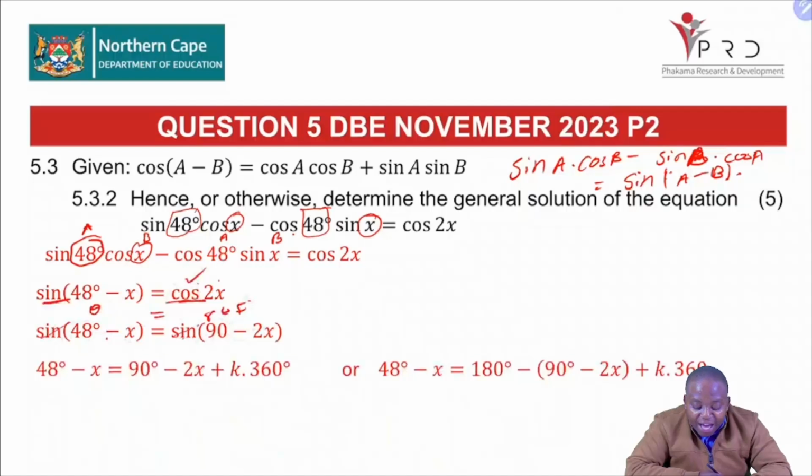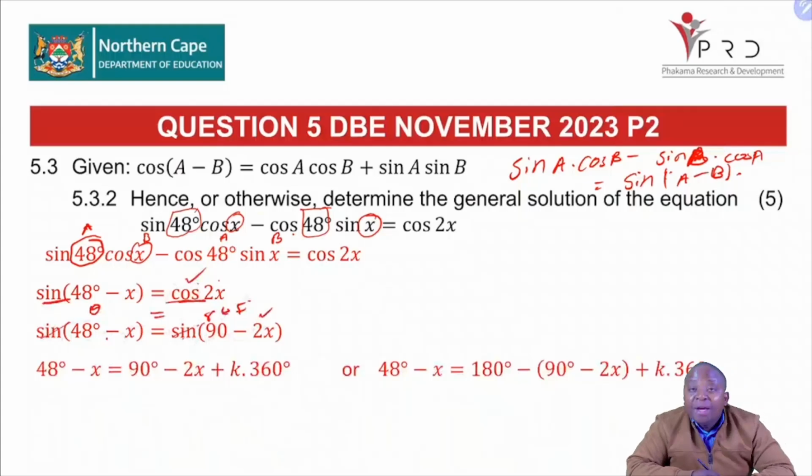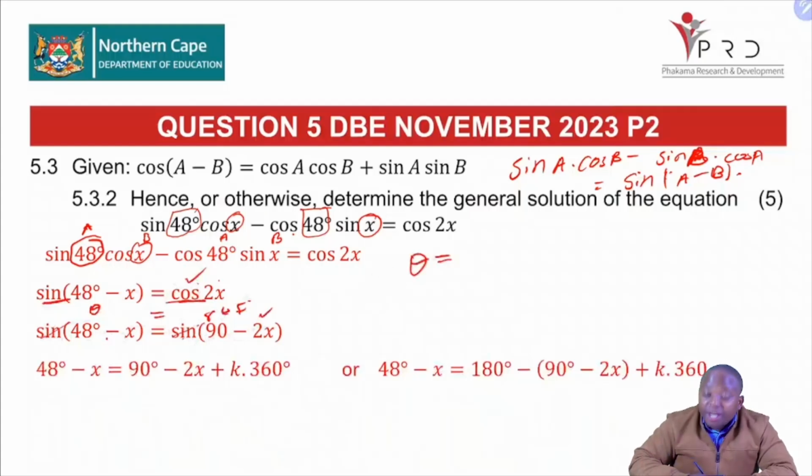From here, I am going to work with my general solution. We are going to find a quadrant where sine is positive, because my reference angle here is positive. Remember, sine is positive when theta is equal to our reference angle plus k times 360, which is the first quadrant.